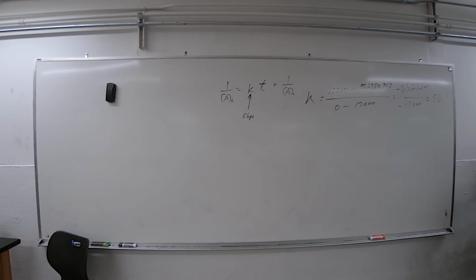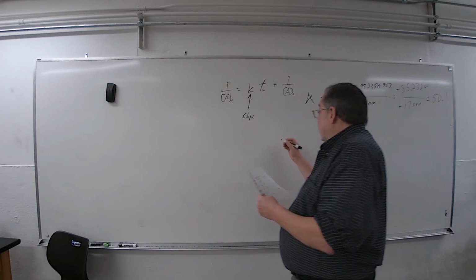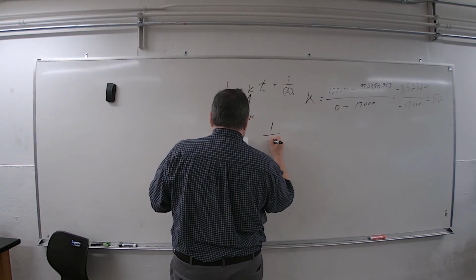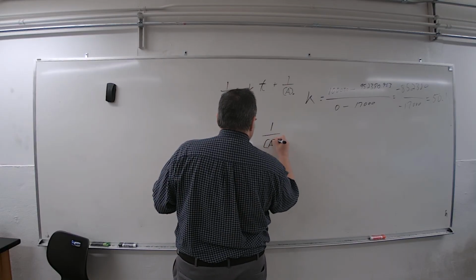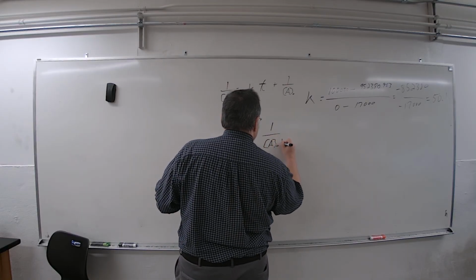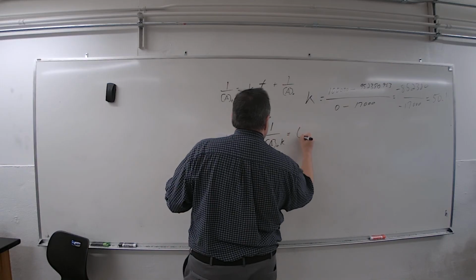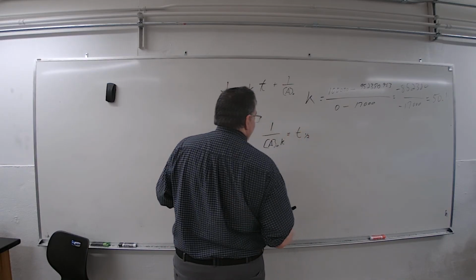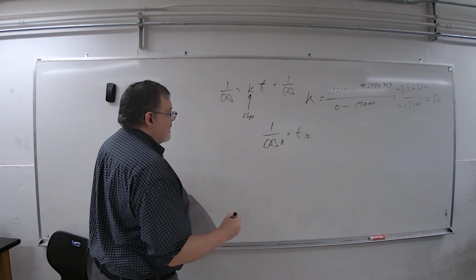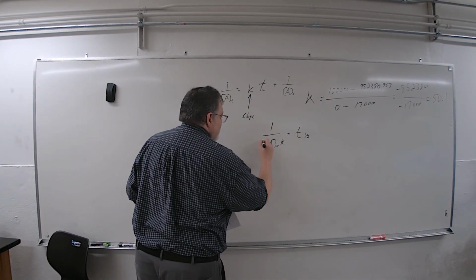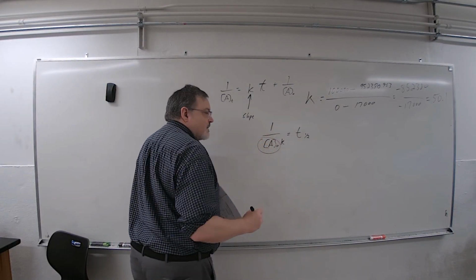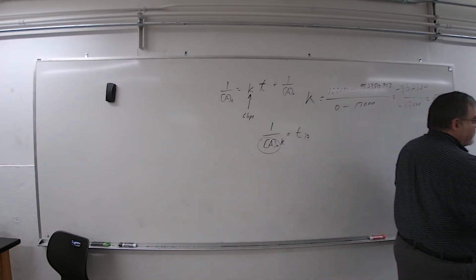And of course, the half-life for the second order is 1 over concentration A naught times k equals t to the 1/2. Be sure to not mess this up. This is not in the 1 over column.